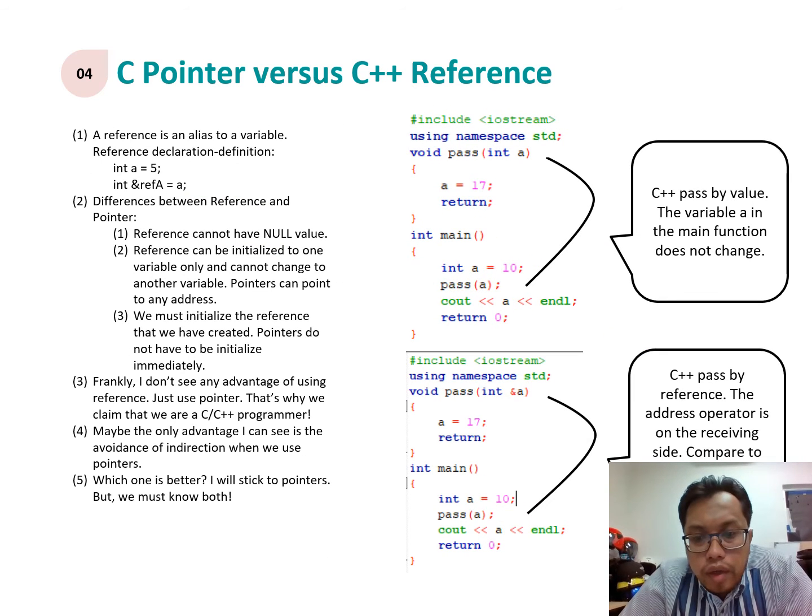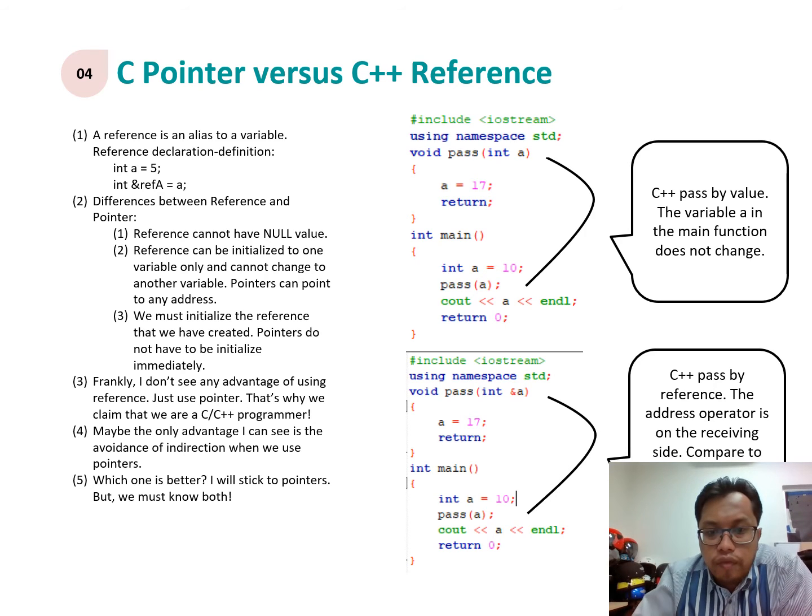In the previous slide, I showed you how to use pointers to pass the value, but you can also use a reference. You see the difference here. In the previous example I used pointers, but here I use the reference only.